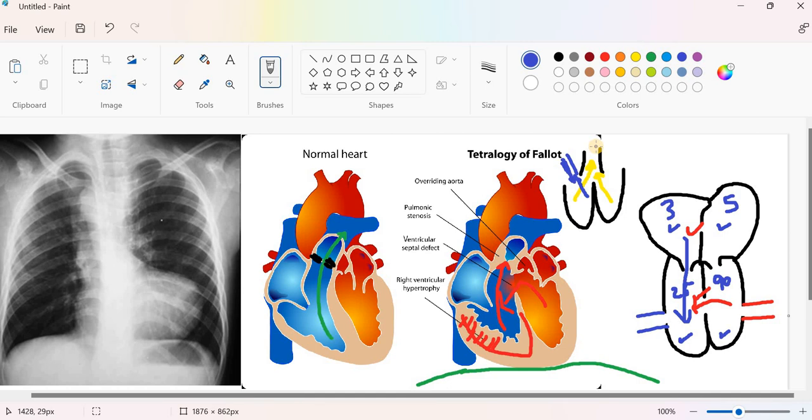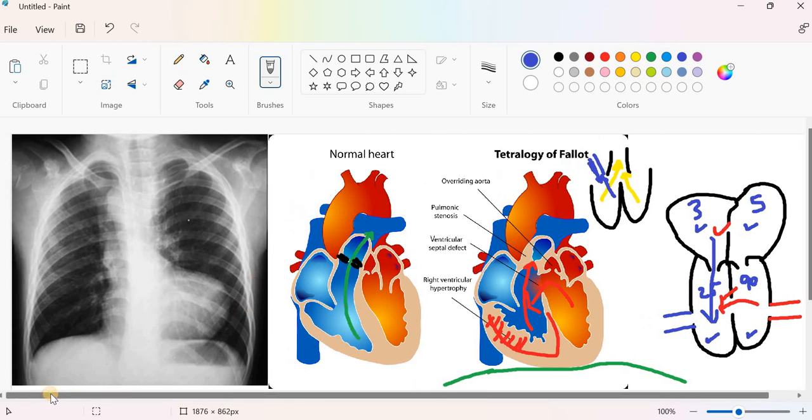Let us move to how it looks on the X-ray. The chest X-ray of Fallot is unique, and you can look at it and diagnose it just from the first glance. It looks like a boot-shaped heart, or sometimes it is called coeur en sabot in French. So what is happening in that coeur en sabot, or boot-shaped heart?